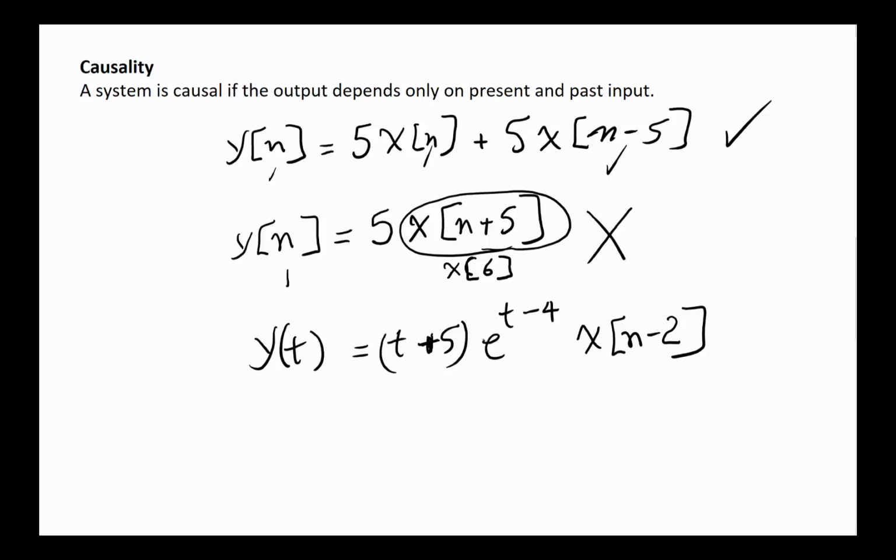That's just some time multiplied by some other constant. You need to look at x of t minus 2 and see if it's depending on the future or past input. This is past input, therefore this is a causal system.